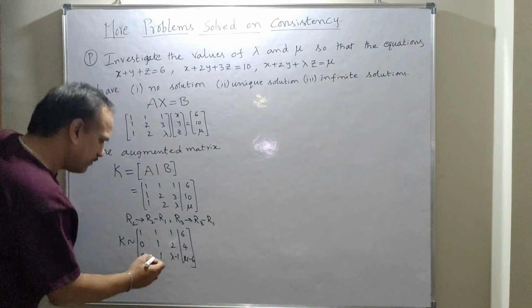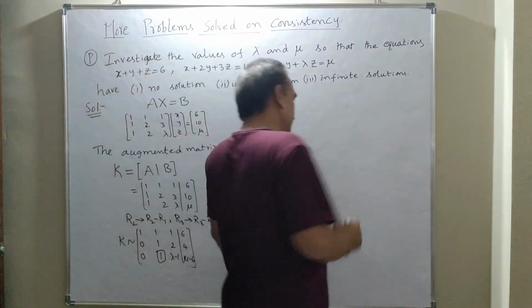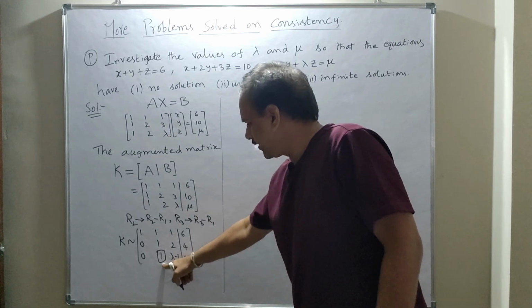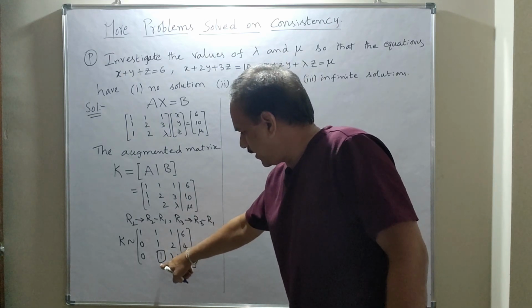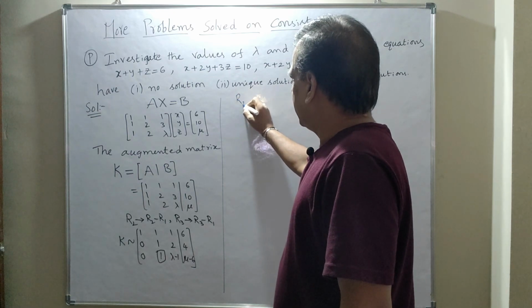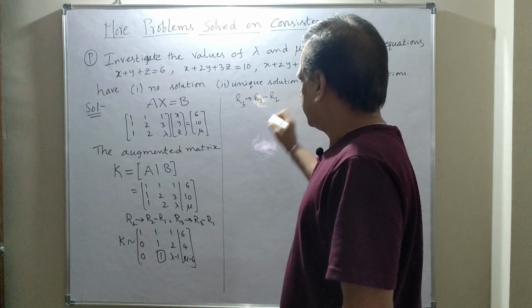Now the next step is we have to get a 0 here in order to get the echelon form. So how to get a 0 here? You just subtract R2 from R3, R3 minus R2. So we are going to modify R3 minus R2.